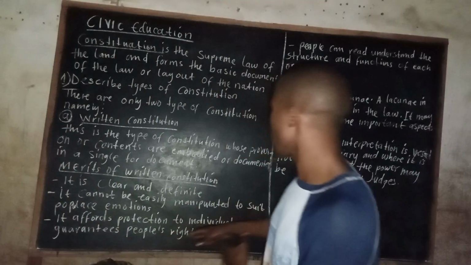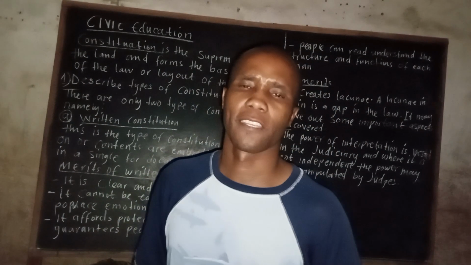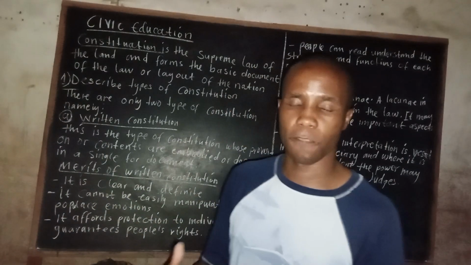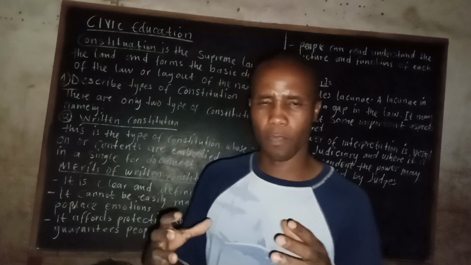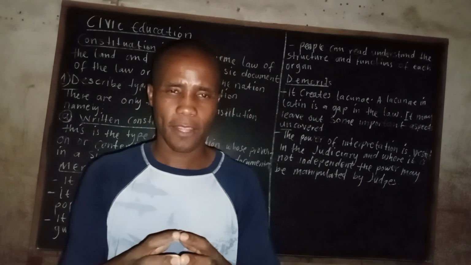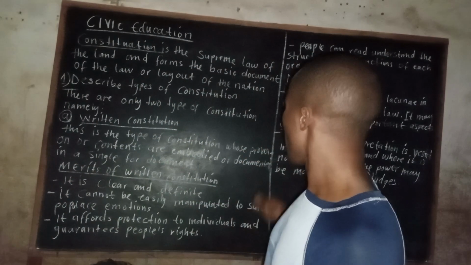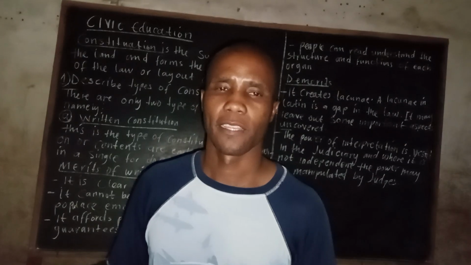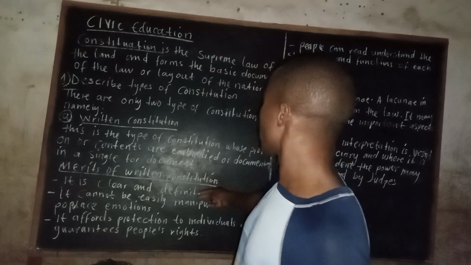Then the other, it affords protection to individuals and guarantees people's rights. Constitution is a standard set of rules that guides, so it is there to protect individuals and guarantee them rights.